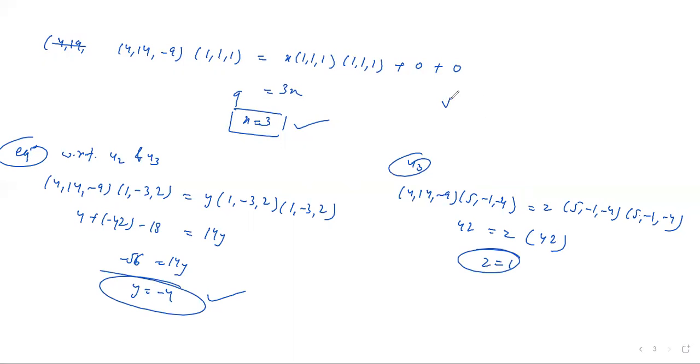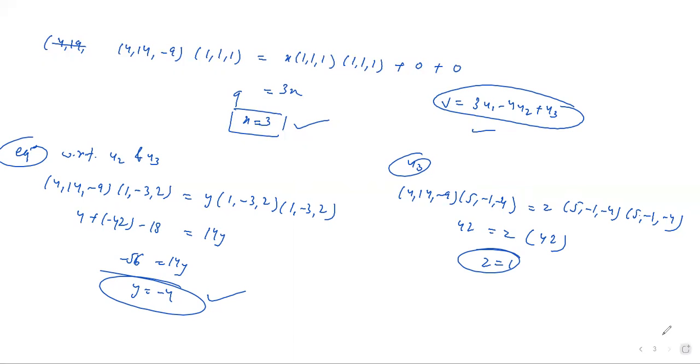So the corresponding linear combination of these vectors is v = 3u1 - 4u2 + u3. Without solving any equations, by using the dot product, we have got our linear combination of the vectors, that is v = 3u1 - 4u2 + u3.